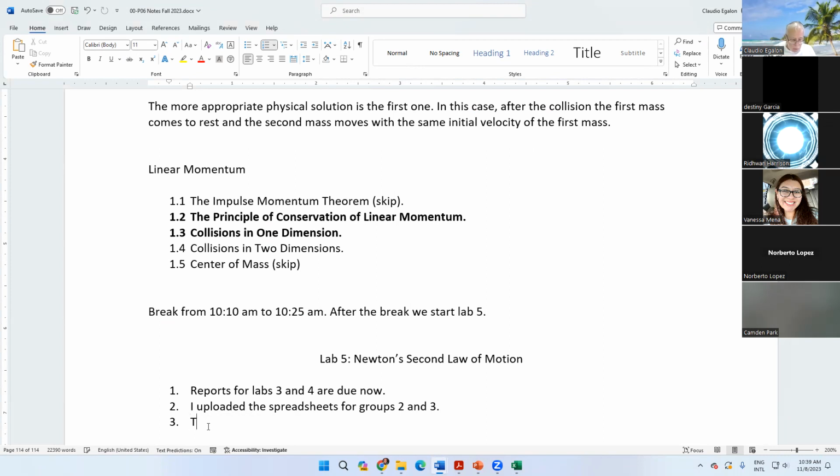Okay, so there are several ways of verifying Newton's second law of motion in the lab.